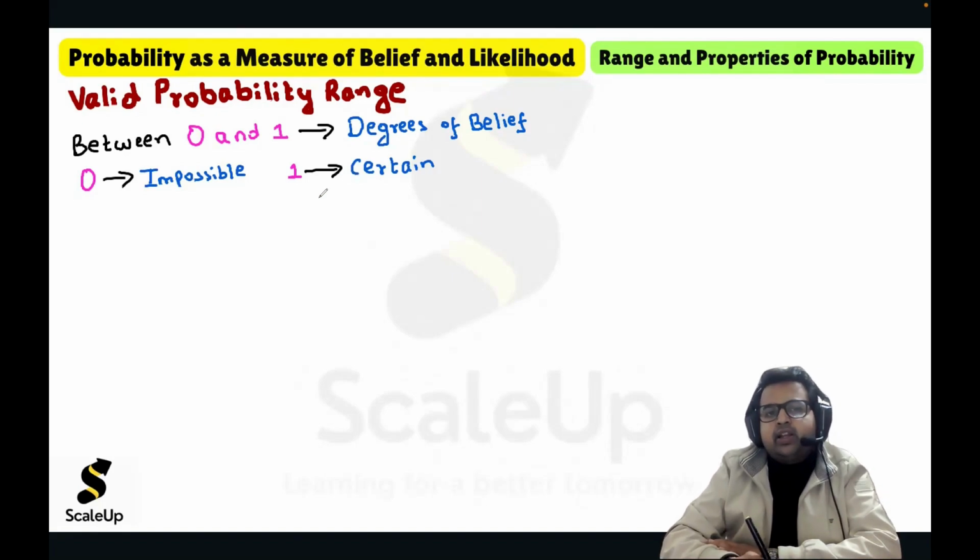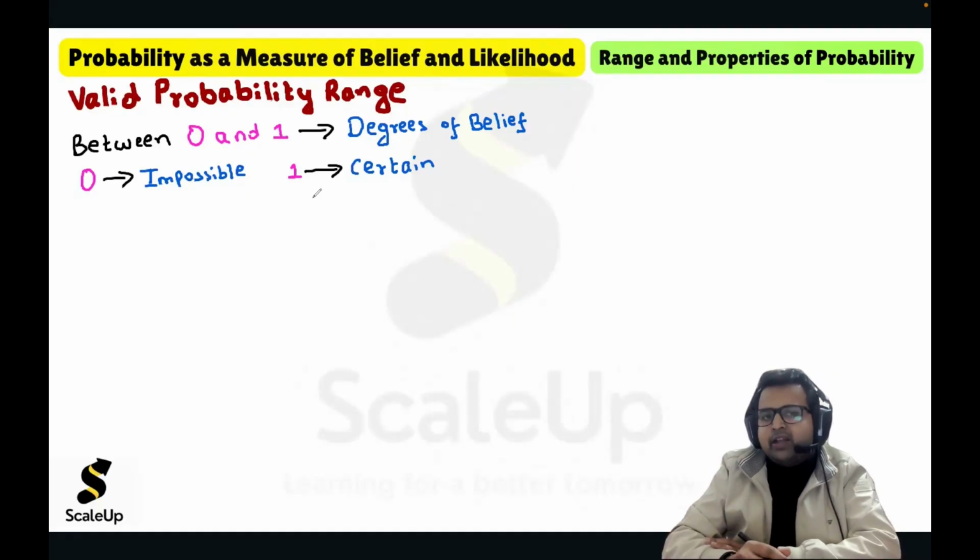So now it's very clear to us that if I talk about the valid probability range, probability can be 0, which means impossible. Probability can be 1, which means certain. And probability can take a number between 0 and 1, including 0 and 1. It cannot be a negative number, and it cannot be a number greater than 1.